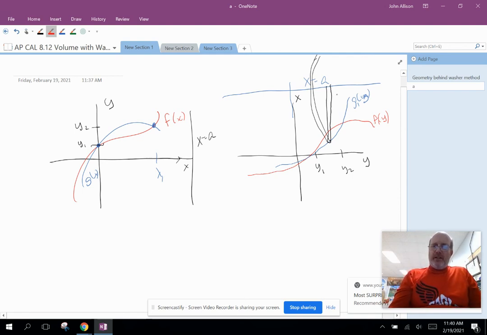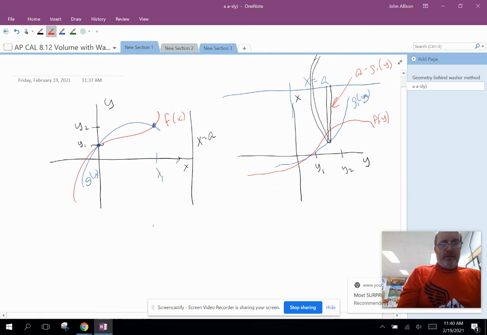In this case, the length of this rectangle that we're going to use to generate this disk is going to be a minus g1 of y. It's very important that we understand the geometry when we're writing these equations and expressing these integrals.